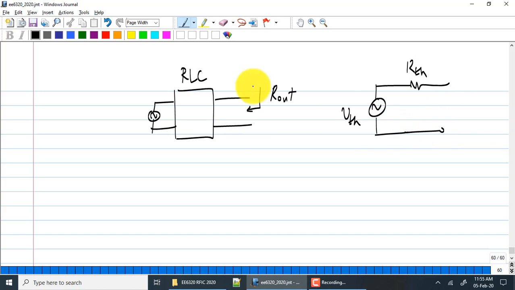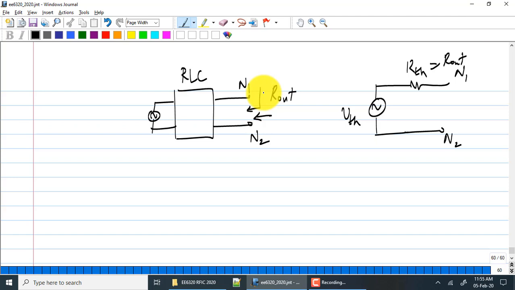You would replace the network across nodes N1 and N2 using a Thevenin equivalent. That is, the Thevenin resistance is equal to the output resistance. You can show that if you have a linear network, the noise produced at the output port is equal to the noise generated by an equivalent resistance R out. I hope you understand what I'm saying.